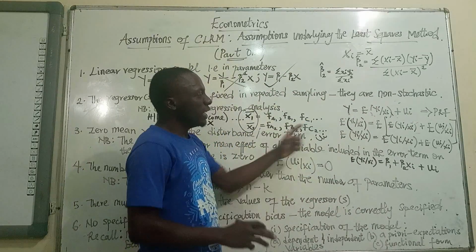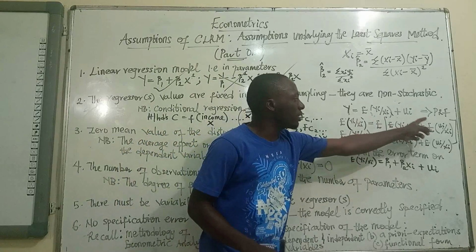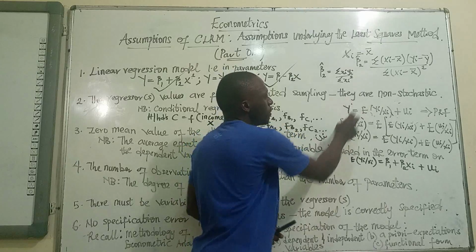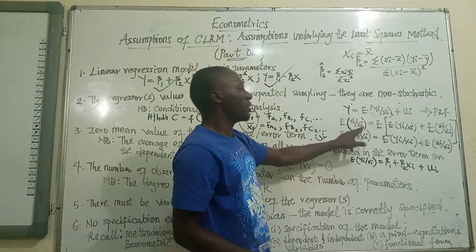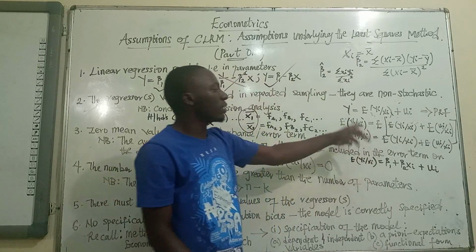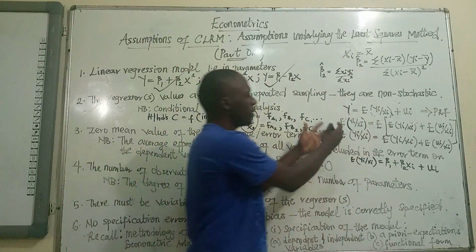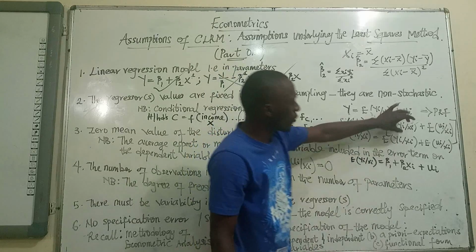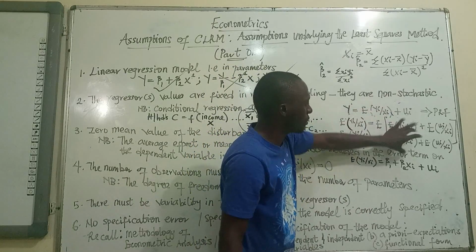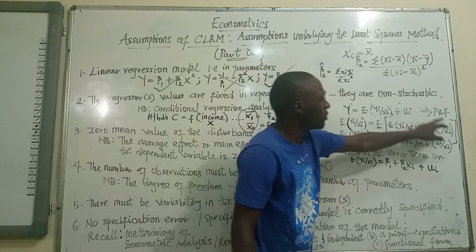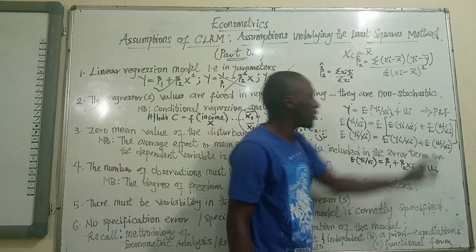Now, if you take the expectation of everything here, the expected value of yi given xi equals the expected value of everything on the right hand side of the equation. So we have the expected value of yi given xi equal to the expected value of the systematic part, which remains the same, plus the expected value of the error term, ui given xi.